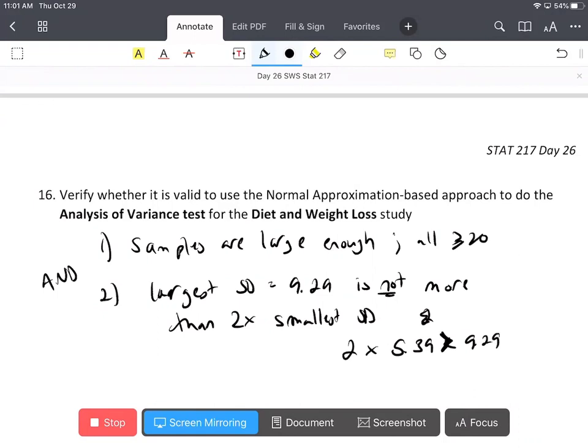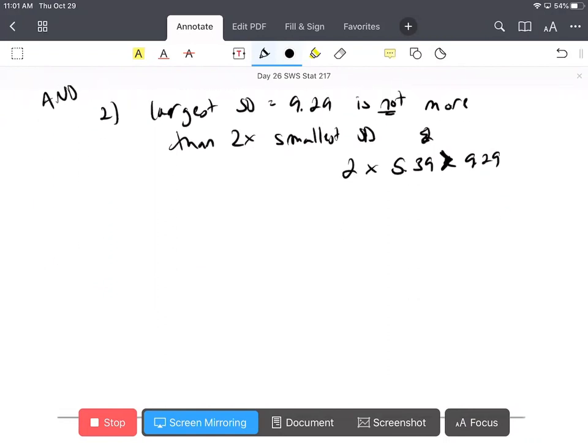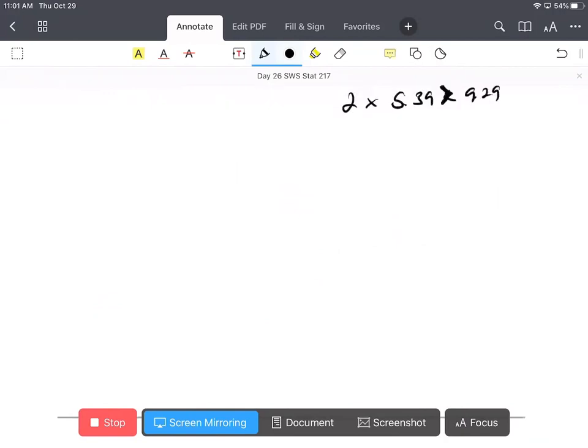So 9.29 is less than 2 times the smallest standard deviation. So we can use the analysis of variance test for the diet and weight loss study. So we're going to end this here.